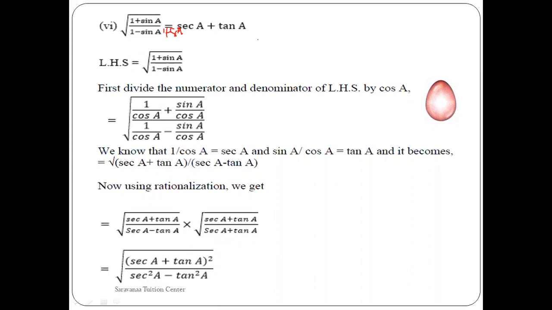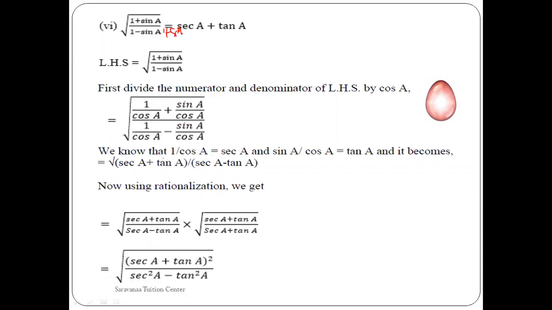Now, divide everything by cos. That is (1 by cos A plus sin A by cos A) by (1 by cos A minus sin A by cos A). So 1 by cos A is secant A and sin by cos is tan. So (secant plus tan) by (secant minus tan).